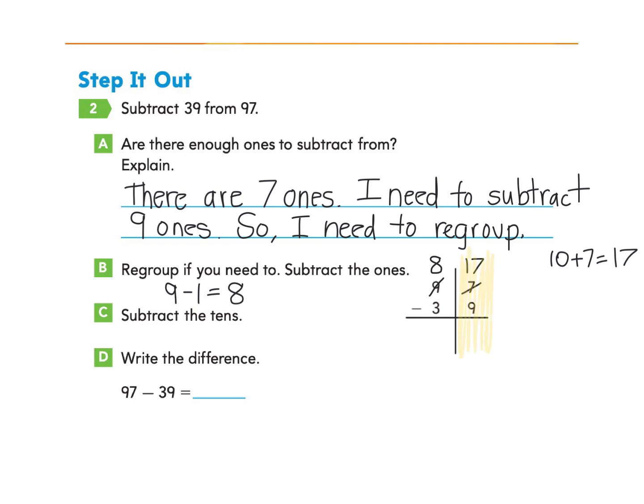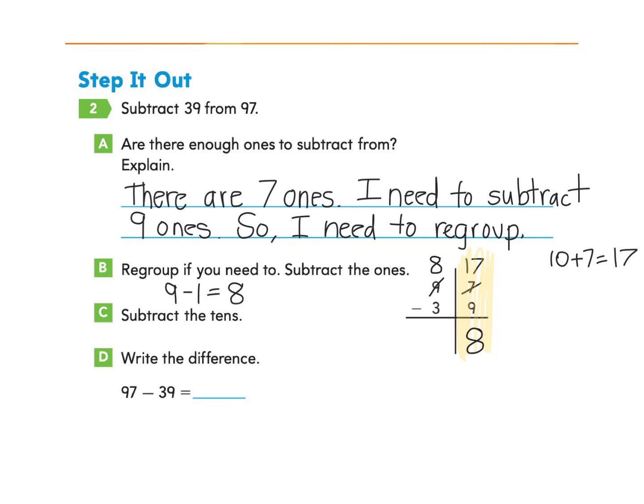This is the ones column. So we take 17, take away 9, and again, you may want to pause and solve this by drawing dots or counting, whatever you would like to do, that's fine. And when we take 17, take away 9, we are going to find that our answer is 8.